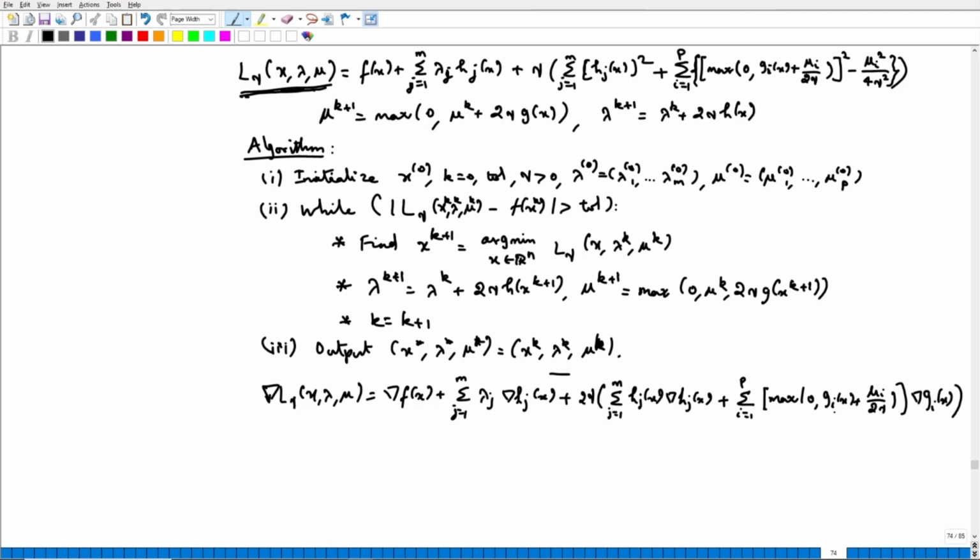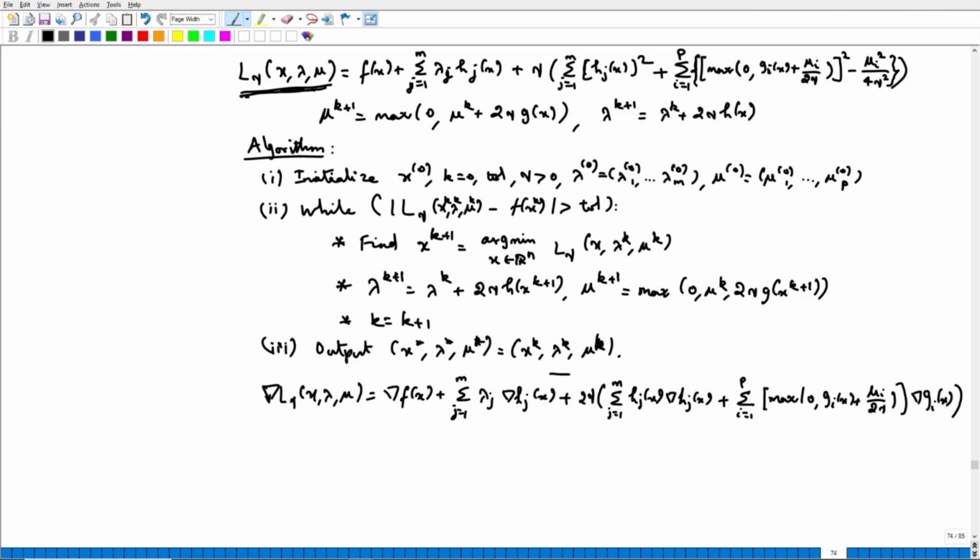If g i of x plus mu i by 2 gamma is less than or equal to 0, you will put 0, and if it is greater than 0, it is just g i of x plus mu i by 2 gamma. So when g i of x plus mu i by 2 gamma is equal to 0, this term becomes 0 irrespective of whether you have the max term or not.